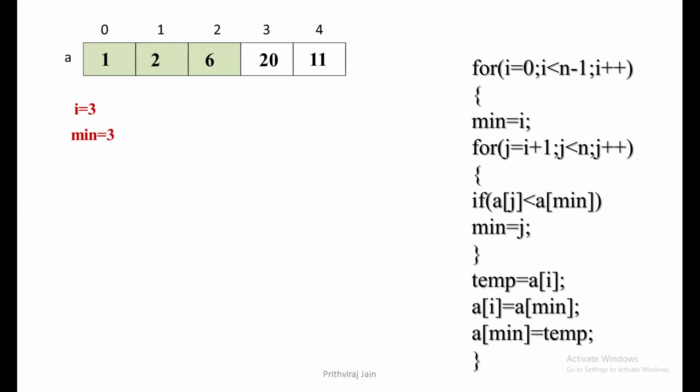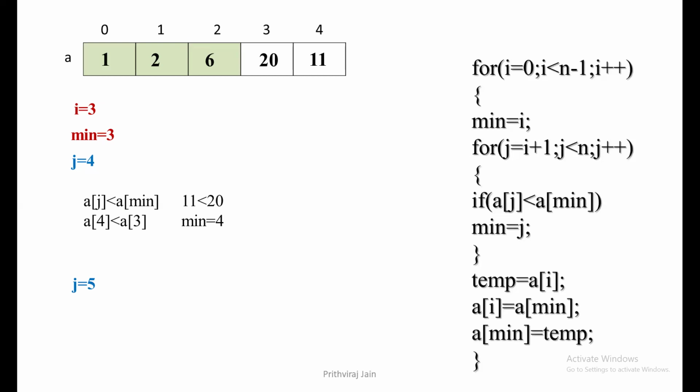So min is equal to 3 now, and j starts from 4. Now I am comparing a of 4th element with the minimum element. So a of 4 compared with a of 3, 11 less than 20. Now this is true. So min value, that position is 4. 11's position is 4. So min value, change it to 4 now.